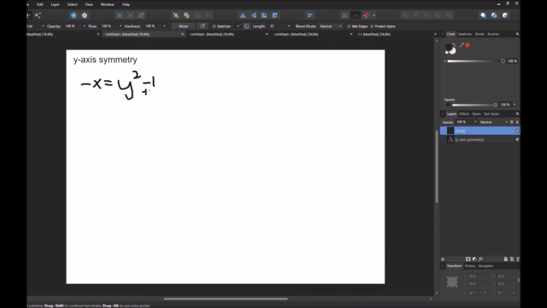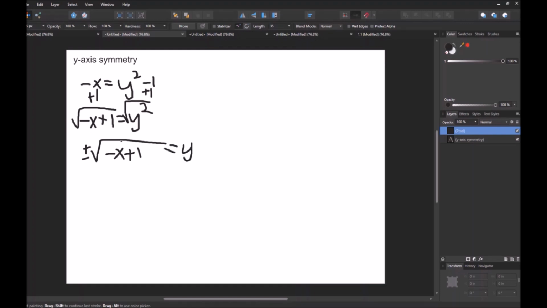Then we're going to add 1 to both sides, and we have negative x plus 1 equals y squared. And then we're going to take the square root, and we're left with plus or minus the square root of negative x plus 1 equals y, which we can see is definitely not an equivalent equation. So we can say that this is not symmetric with the y-axis.